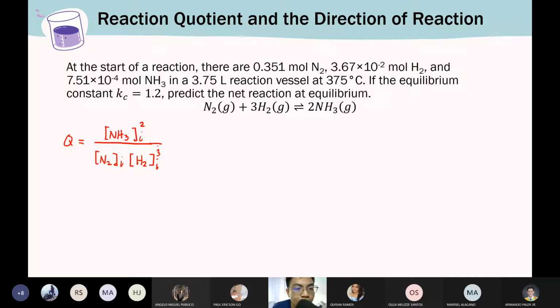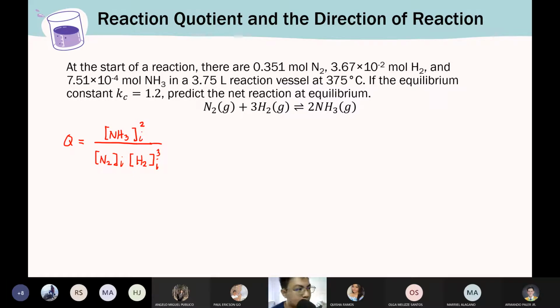Okay. Ngayon, how will we solve for their concentration? Again, when I write square bracket, that's always molarity. Can I solve for the molarity? And how? Sige. Tulungan niyo ako. Pwede ko ba masolve yung molarity from the given and paano kaya gagawin ko? Okay. Pwede ba masolve at paano?